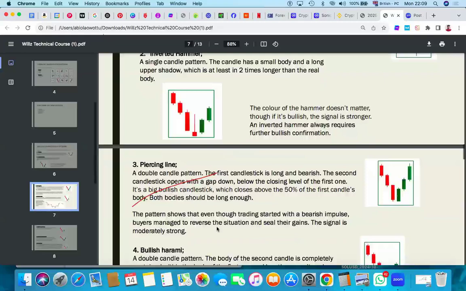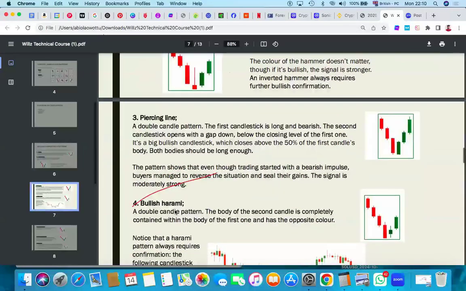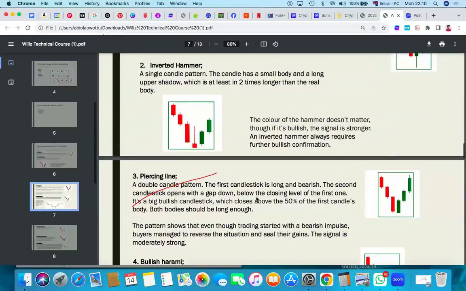The pattern shows that even though trading started with a bearish impulse, buyers managed to reverse the situation and still take their gains. The signal is moderately strong. So the trend is going bearish, but at that point the buyers push the price back, and we could say it's forming like a support and a resistance.